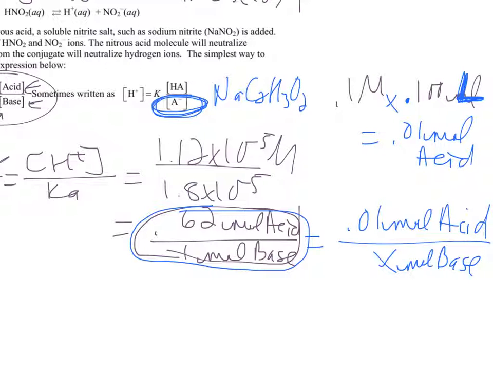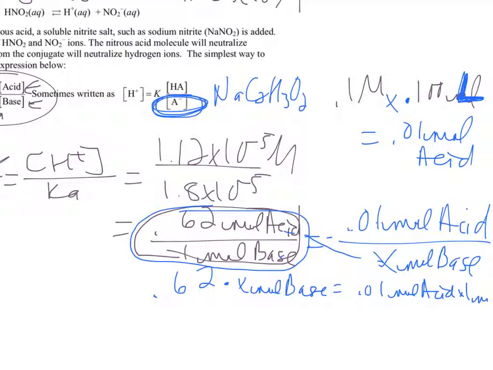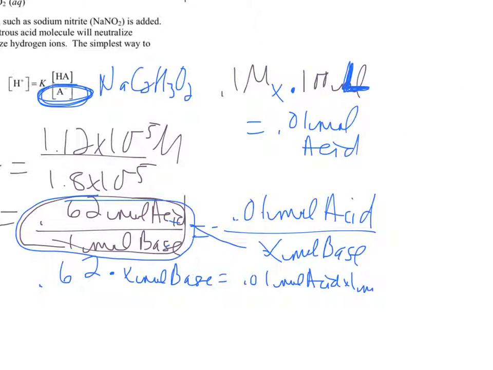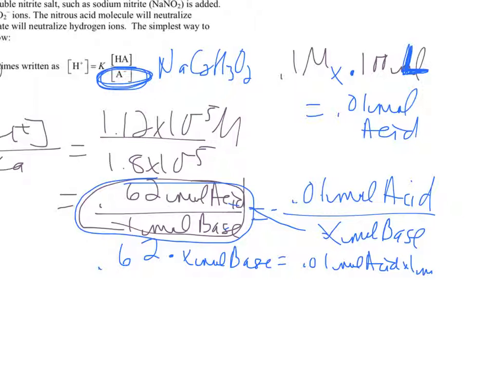All right? And at this point, it is just a little crisscross method here. And I worked out that math. We had 0.62 times X moles of base equals 0.01 moles of acid times 1 mole of base. Just yay, easy algebra.